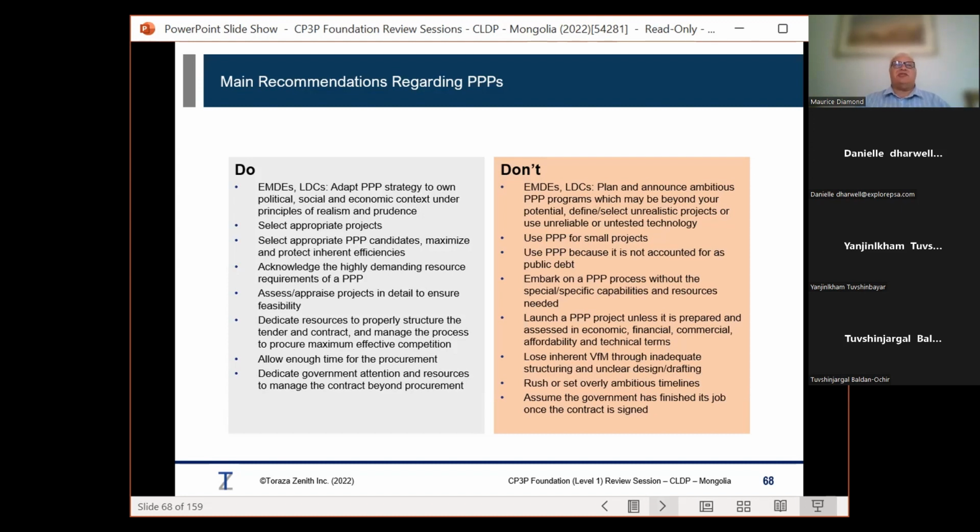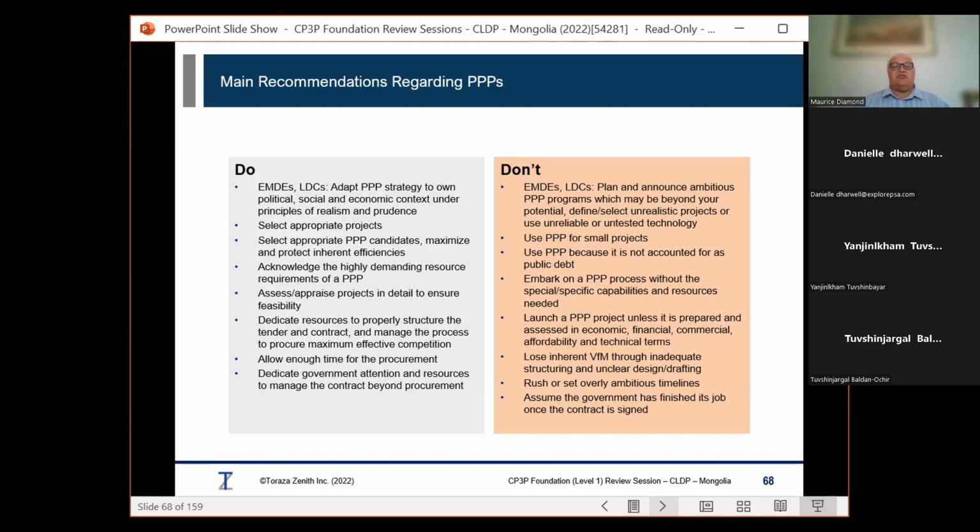And when somebody comes into your country and says, but that's not how you do PPPs, you say, well, that might not be the standard way of doing a PPP, but we have designed it in this particular way to make it attractive to the market, to make it work with our population, whatever it might be. So part of that is selecting the appropriate projects, maximizing and protecting any inherent efficiencies that are there.